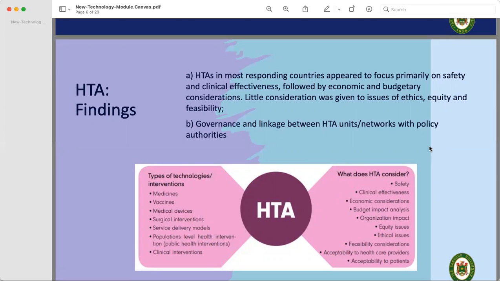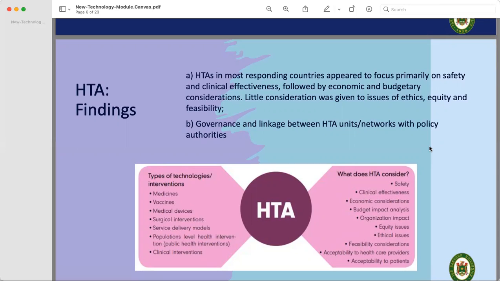So, in the first world countries, of course, the use of health technologies would be available. But in a third world country like ours, although there are current developments in the use of electronic health records in public health, many things are yet to be done to make it more available for everybody.